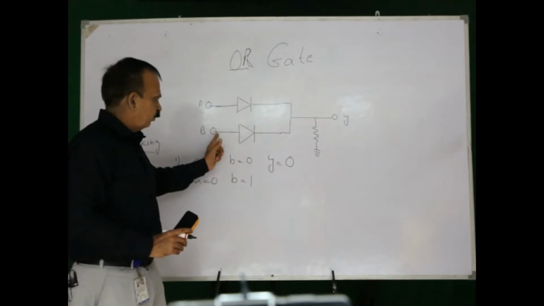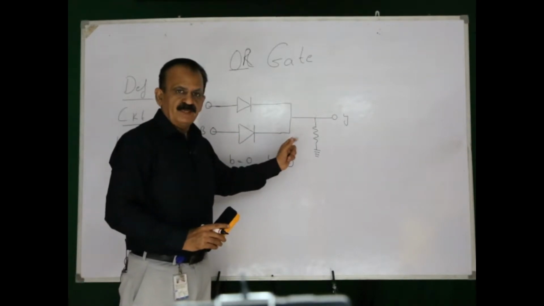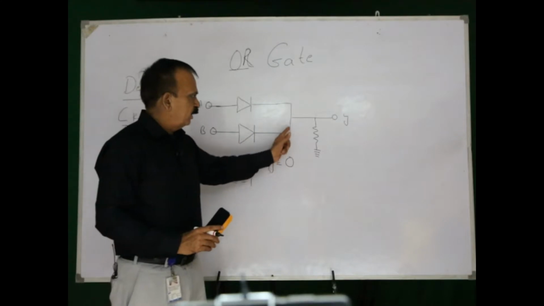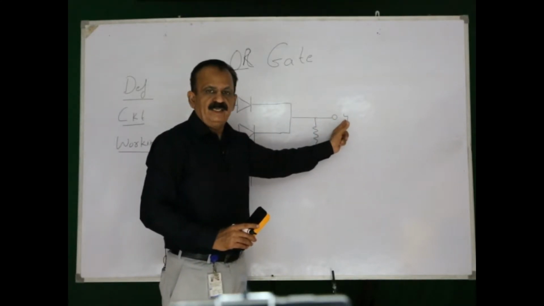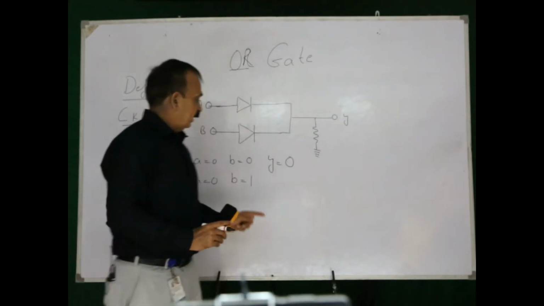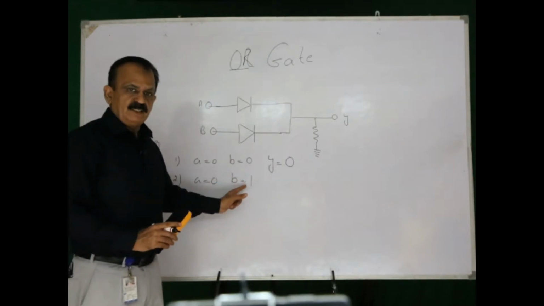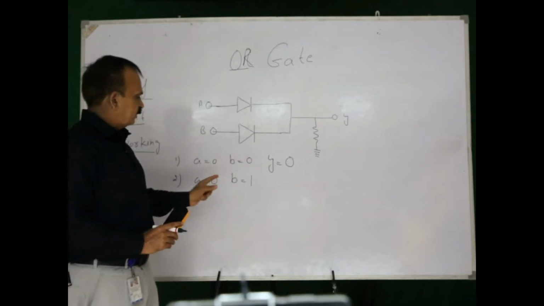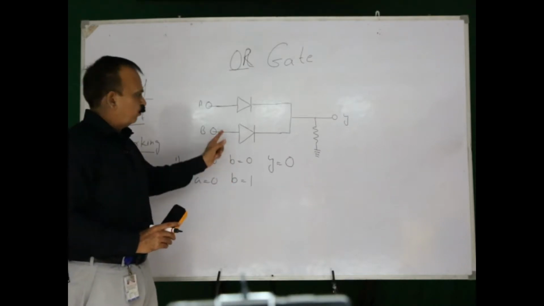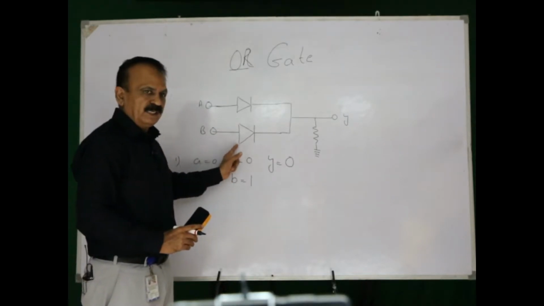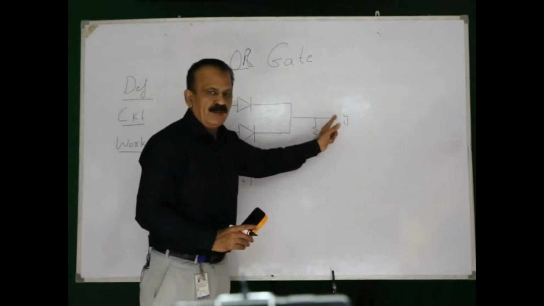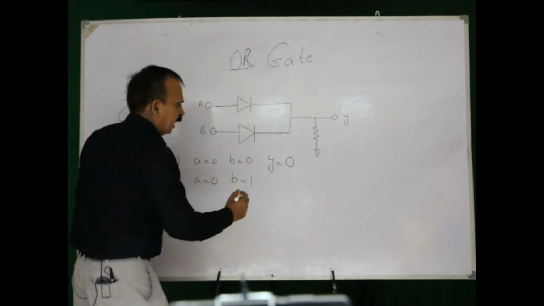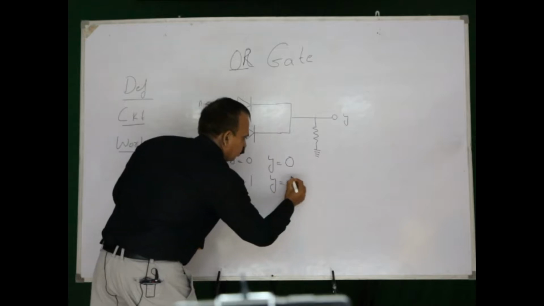There will be current flow through this lower diode, and due to this current flow the value of Y is going to be high. A is equal to 0, B is equal to 1, no current flow through the upper diode, but since B is equal to 1 there will be current through the lower diode, and due to this current the value of Y is going to be high, or Y is equal to 1.